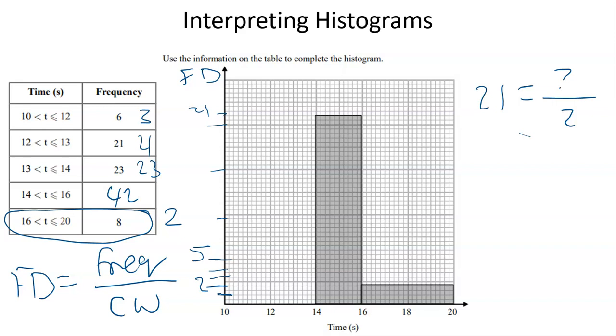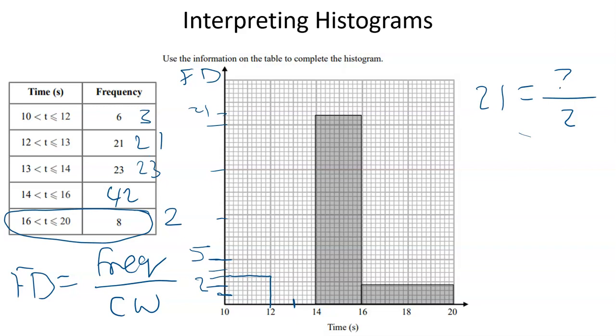So between 10 and 12, so that's nice, between here and here, we're going to draw 3, which is going to be there, or thereabouts. The next bar is 12 to 13, so it's only going as far as halfway, and it goes up to 21. 5, 10, 15, 20. Oh, sorry, what am I doing? Oh, no, it is. I saw that and thought it was a 4, because of my poor handwriting.